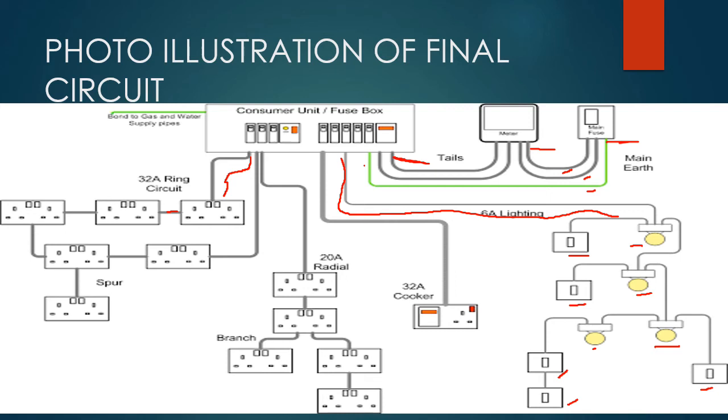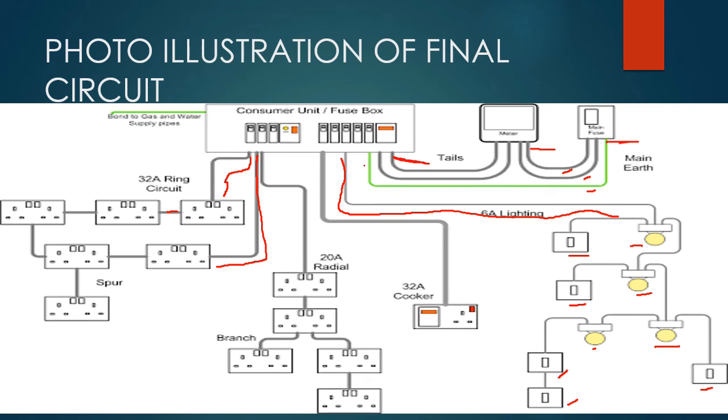Then that same cable should go back to the consumer unit, to the circuit breaker where it came from. So that is what we call a ring final circuit. That is a ring for the socket. Then we can tap a spur at the middle of this.